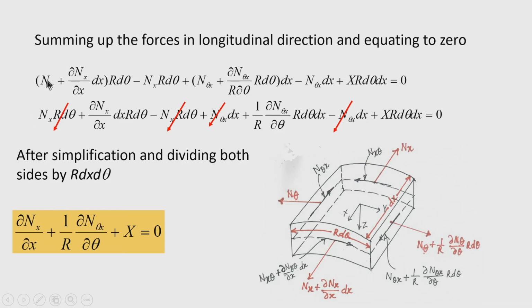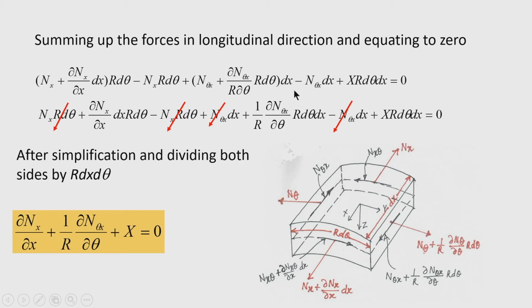Now, multiplying the terms, that means r d theta, multiplying this term inside the bracket with the r d theta, we will get n x r d theta plus del n x by del x d x r d theta. Then this term is existing as it is minus x r d theta.